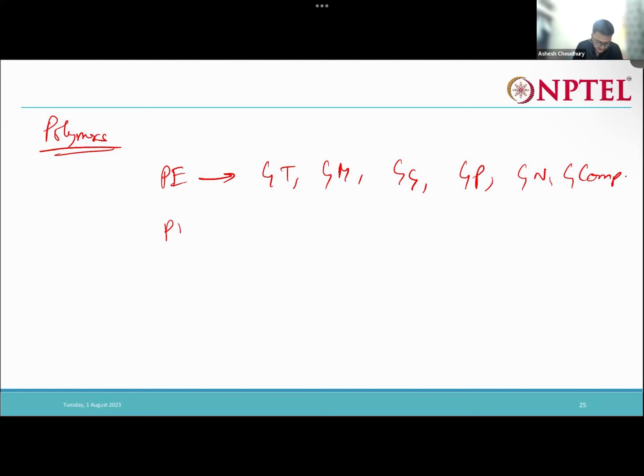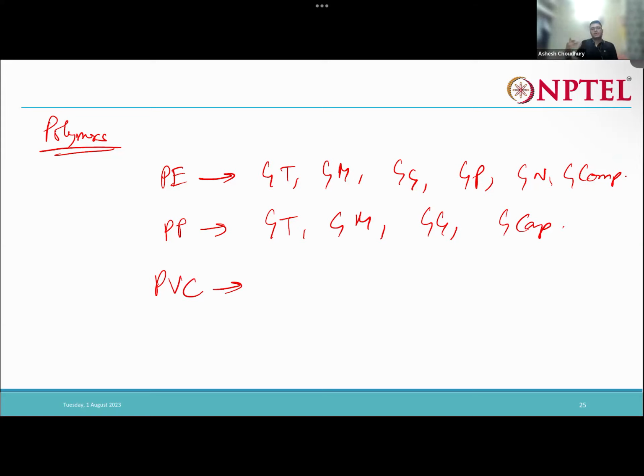The next is polypropylene. Polypropylene is used only for geotextile, geomembrane, geogrid, and geocomposites. Then polyvinyl chloride, PVC. Even by closing your eyes, anyone can say that these geomembranes are made up of PVC. This is just very obvious. Geomembranes, then geocomposites, geopipes.